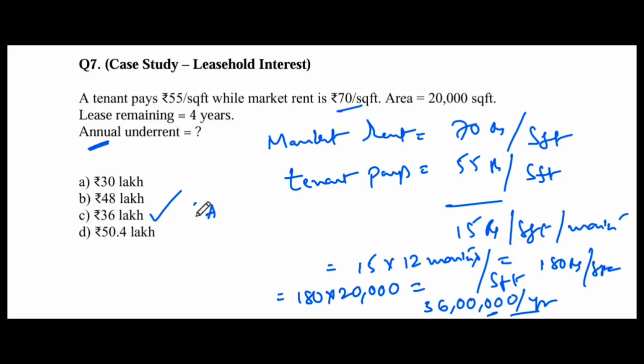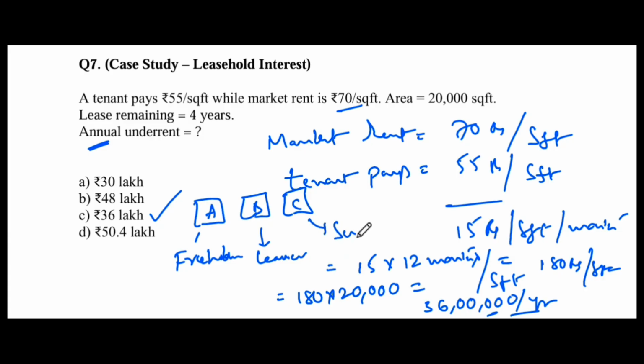There are 3 parties, say A, B, C. A is the freeholder. That means he is the owner of the property. B is the leaseholder, lessee. And C is the sublessee.